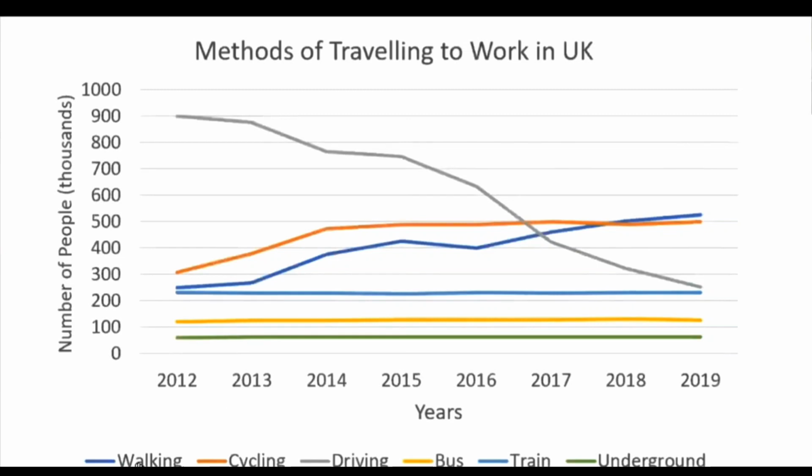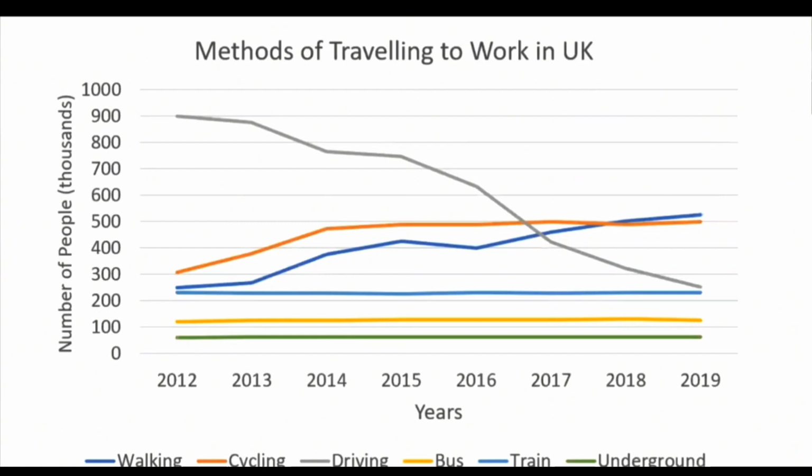So at the bottom, we can see walking, cycling, driving, and then we have public transport, bus, train, and underground. And if we look here, we can see that the number of people, this is the number of thousands of people, and it's the methods of traveling to work in the UK.